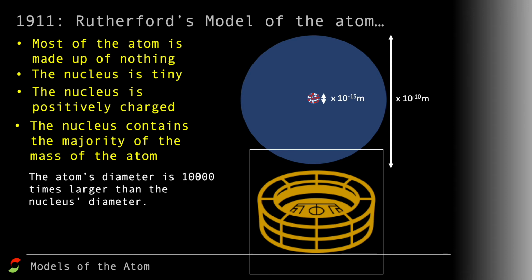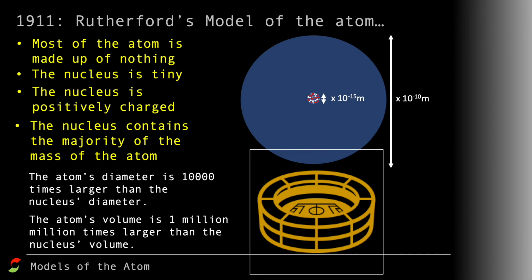But what that means is that the atom's diameter is about 10,000 times larger than the nucleus's diameter, which means that the atom's volume is 1,000,000,000,000 times larger than the nucleus's volume. That's 1 with 12 zeros. So it's absolutely massive compared to the nucleus, or in fact the nucleus is tiny compared to the volume of the atom.